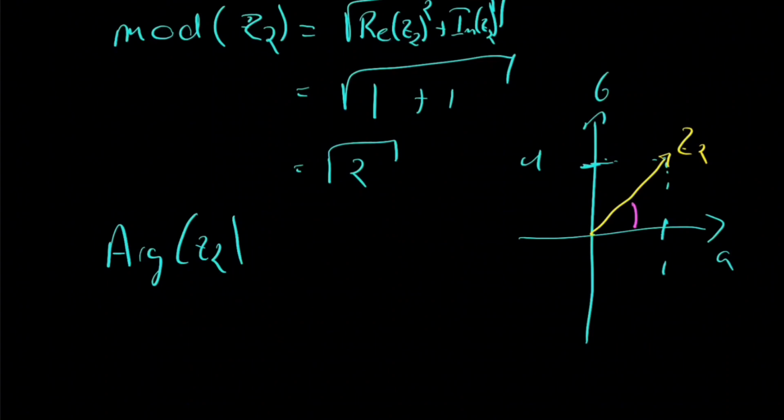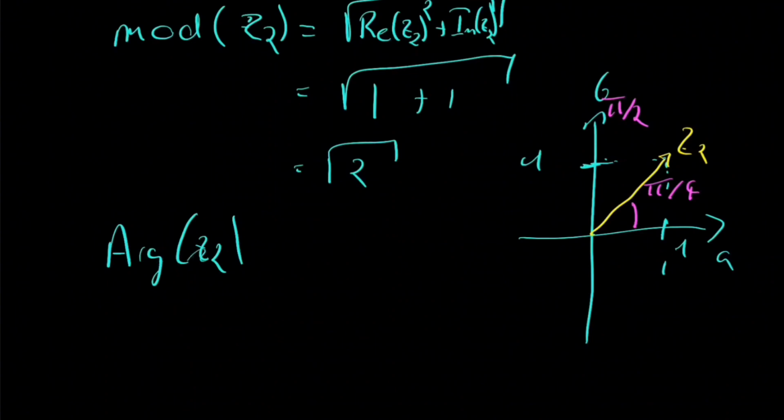So with a 1 and a 1 here, it's really easy. We'll find pi over 4. So half of pi over 2, which is here. But how to find it?